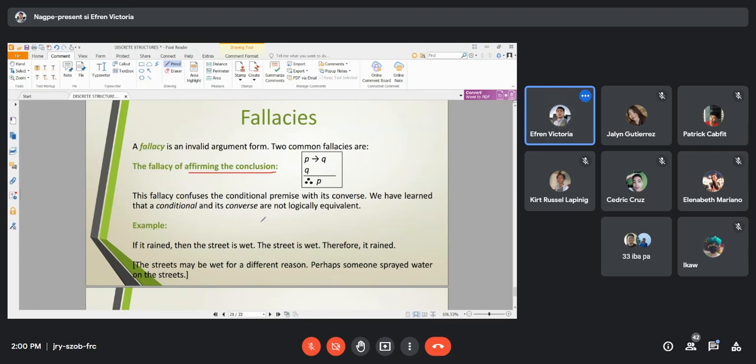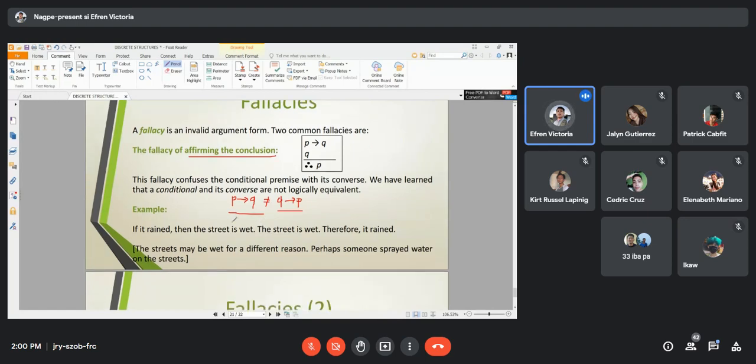So, right, the converse of the conditional if P, Q, is not logically equivalent to Q, then P. They are not equal, they are two different things. So that's why we say, we have learned that the conditional and its converse are not logically equivalent.